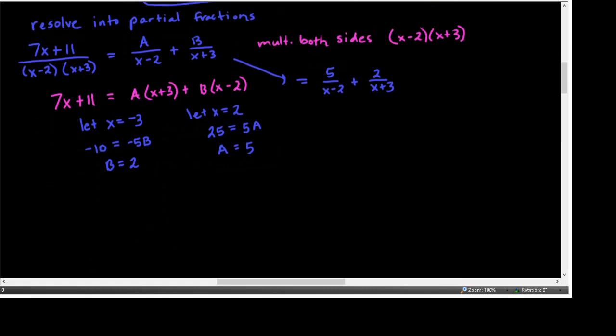Okay, so let's do another example here. Let me see, what problem do I want to do? Let's do this one. 1 over x squared minus 5x plus 6.